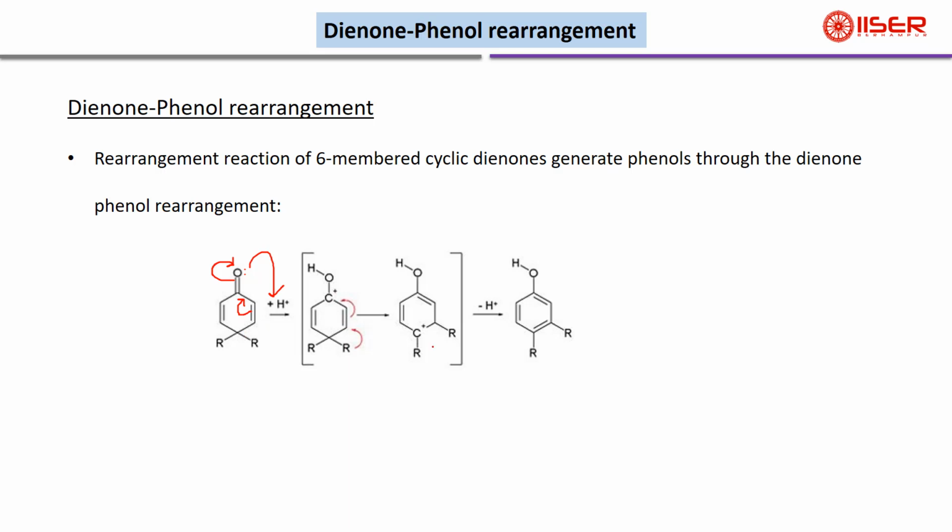After that, this R group shifts from 1 to 2, transferring the carbocationic center to this carbon atom. Then it undergoes aromatization and we get our product, that is phenol. This is called the dienol phenol rearrangement.